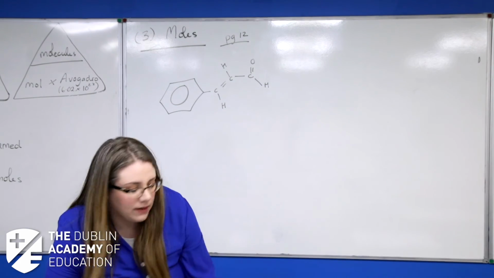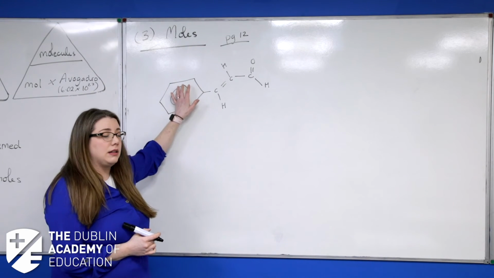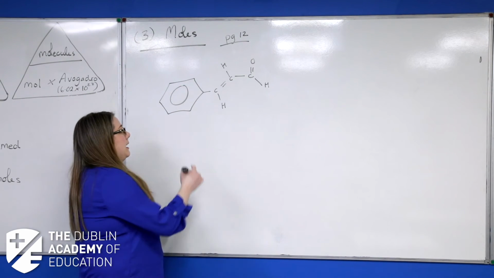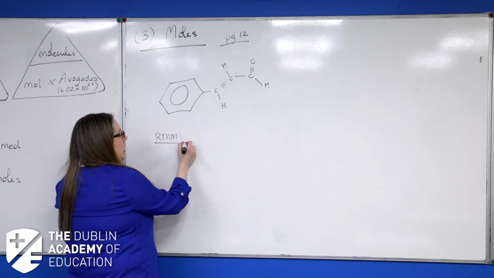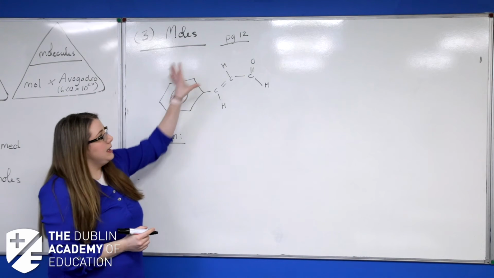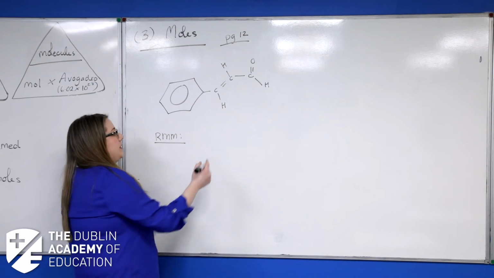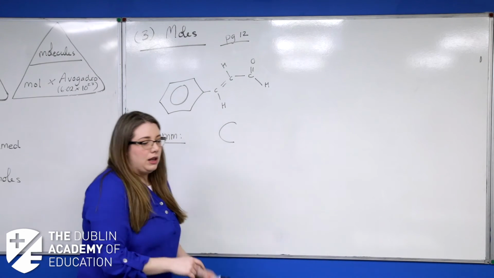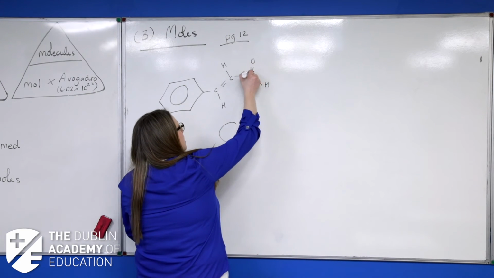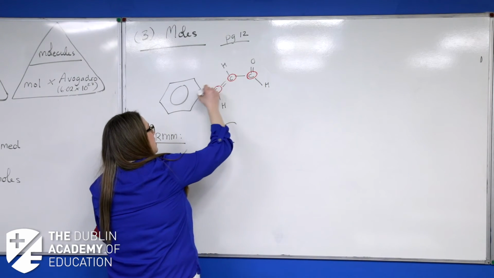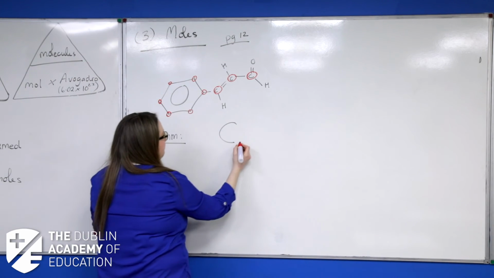Now don't panic if you've never seen this structure before. When you do organic chemistry, you're going to come across this a lot. So if we're working out the relative molecular mass of this, the first thing I will do for something as big as this is to write down the molecular formula. So let's count up the carbons. For carbon, there is 1, 2, 3, 4, 5, 6, 7, 8, 9.